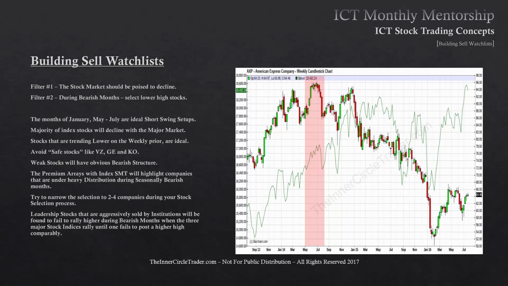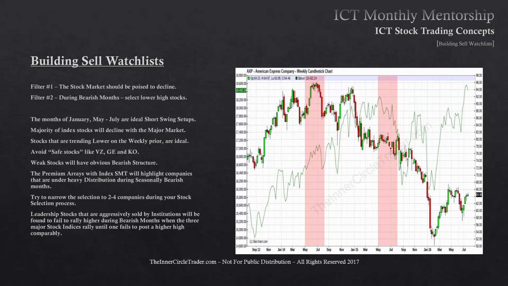Now, there's one candle in here I could have made an argument about, but I'm not going to do that. We're just going to say that there was no divergence, because the rules are if it's not obvious, there is no divergence on the SMT. So while the markets were bullish, there was no gravitational pull for stocks to pull lower or fail to make a higher high, at least on this specific stock.